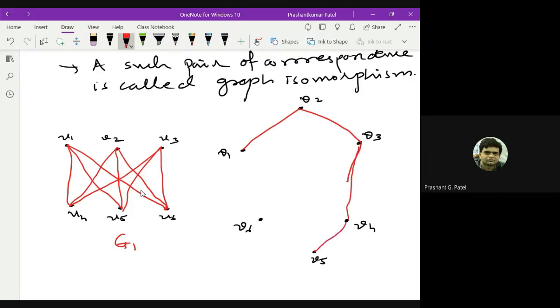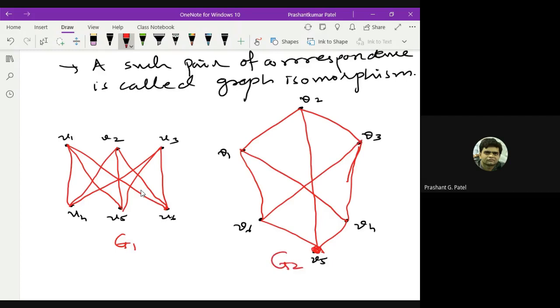The lines are not drawn straight, but you can understand. So this is graph G2.